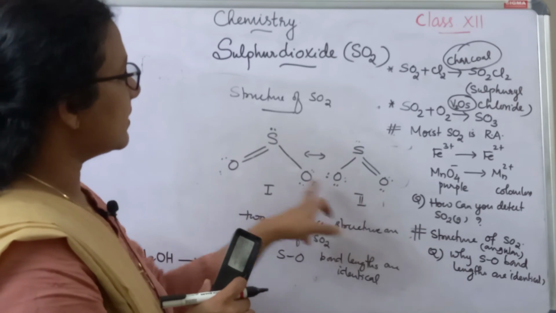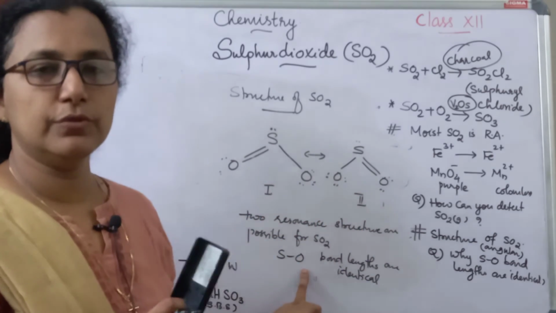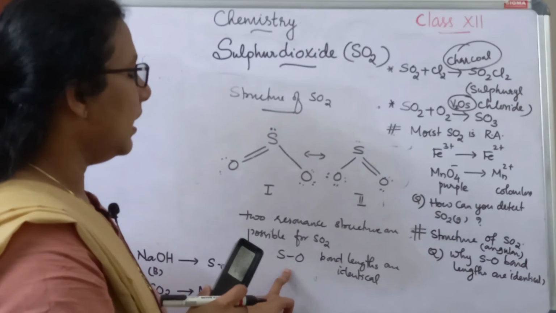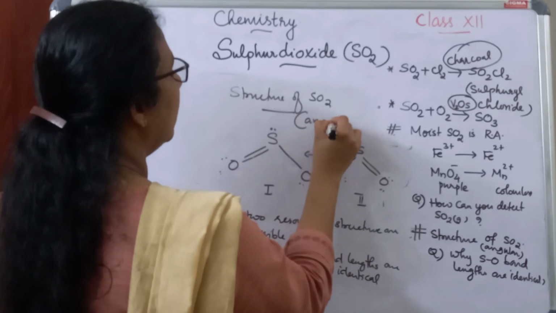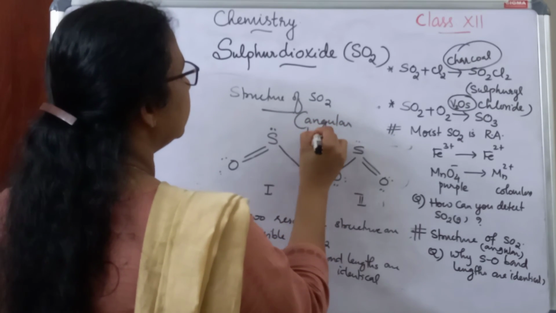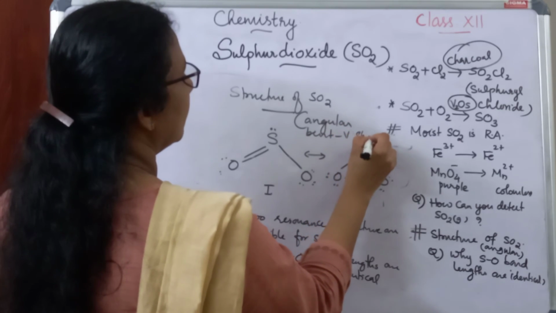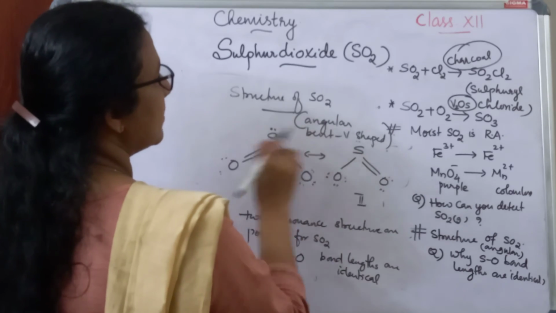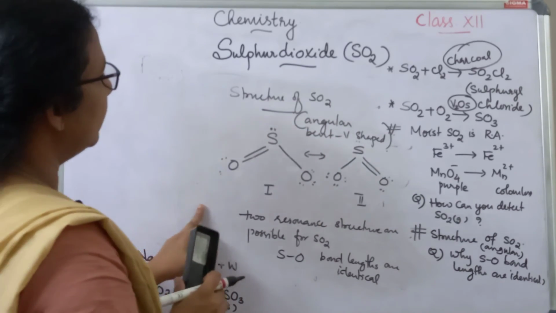It is a resonance hybrid of two canonical structures. It is angular in shape, angular or bent V. So, a bent V-shaped structure or angular in shape. So this is about sulfur dioxide.